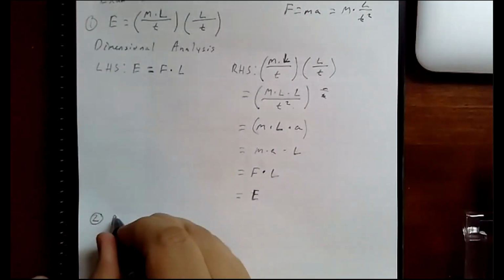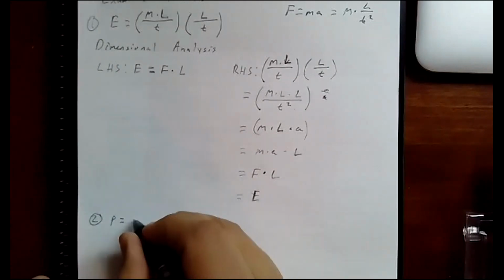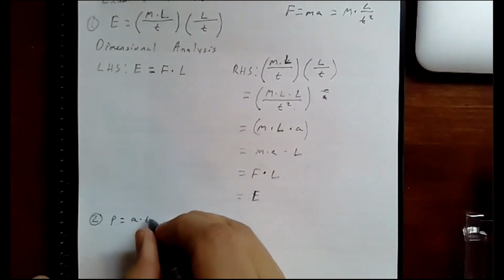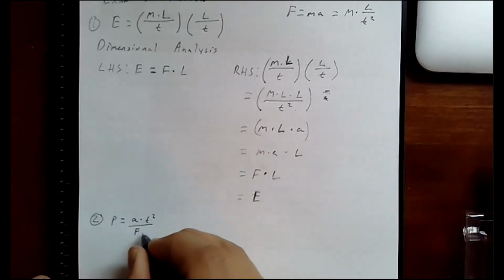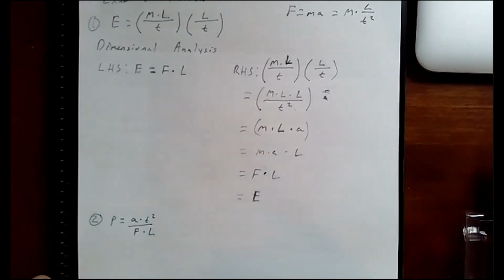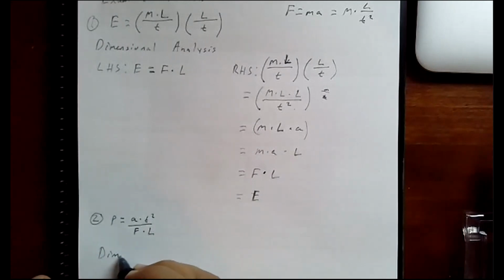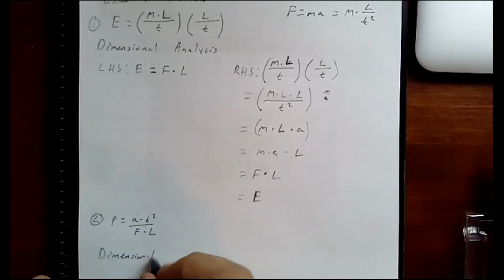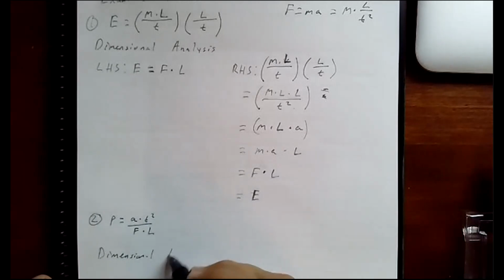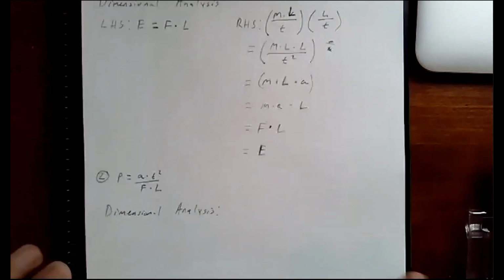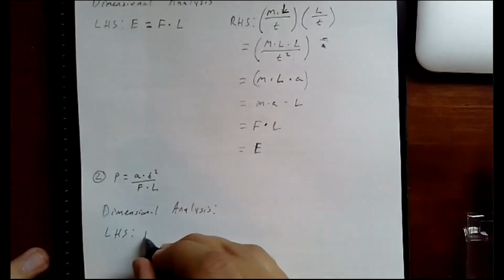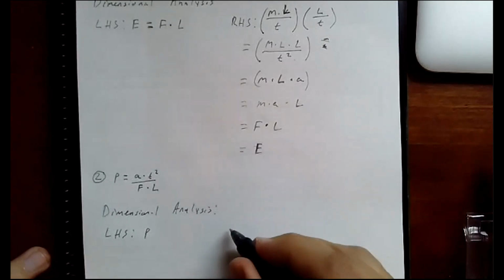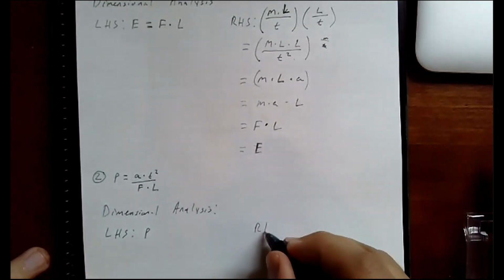Number two, P is equal to A times T squared over F times L. So the dimensional part, okay, so left-hand side, just write the P. Right-hand side, let's see what happens.